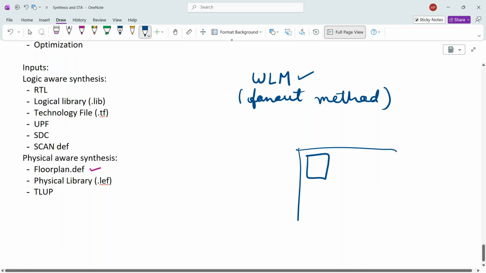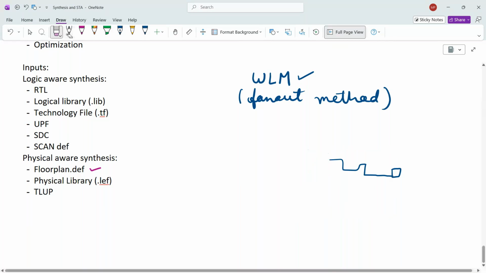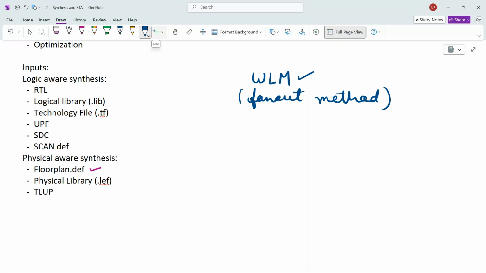If the macro is present here and if the port is present here, how the connection is happening, this information is not there. But still the delay has to be calculated, right? Because rather than having nothing, something is better. That's why we are having WLM models. It's present in your .lib files. So it uses fan out method to calculate the delay. Right. So during synthesis, the tool is using WLM model to calculate the delay.